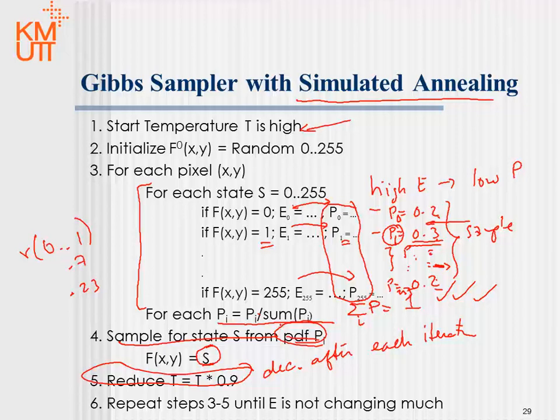After every step, you reduce the temperature, and you go back and repeat steps 3 to 5. So we repeat these 3 steps, keep repeating until it converges. So how do we do that? Well, there are still a few mysteries here.